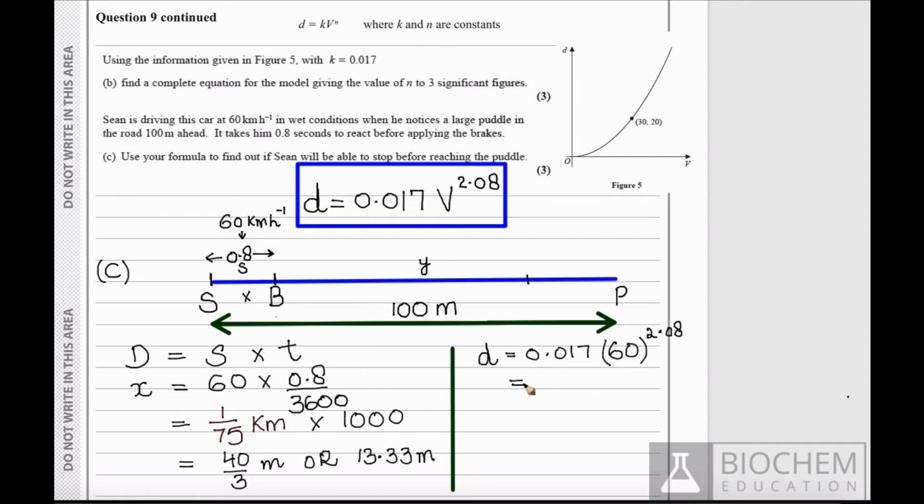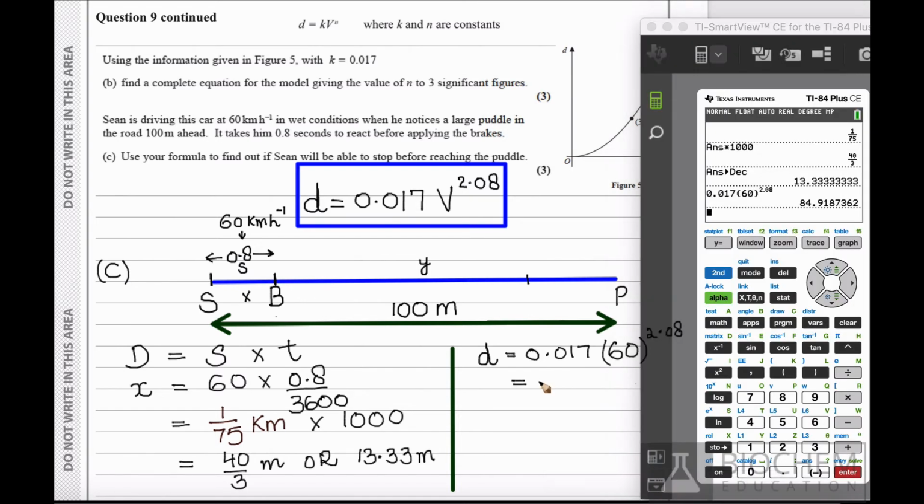Plugging this into the calculator, we get an answer of 84.92 meters as shown in the calculator. I want to remind students that in this formula, D was in meters and V was in kilometers per hour. So we didn't have to change either of these units. We just plugged in 60 kilometers per hour and we got our distance in meters.